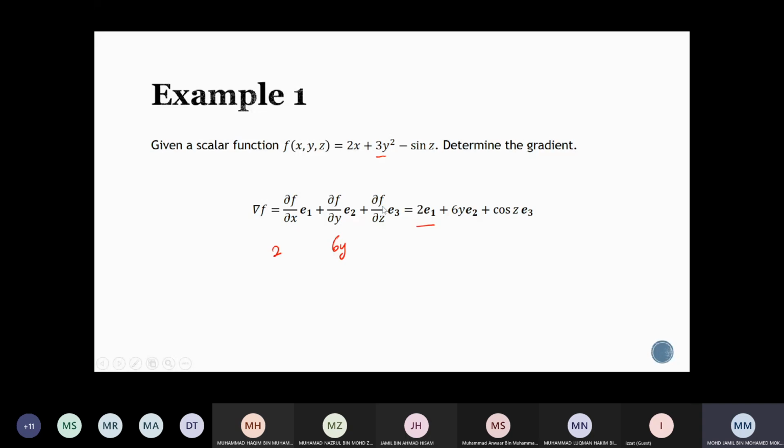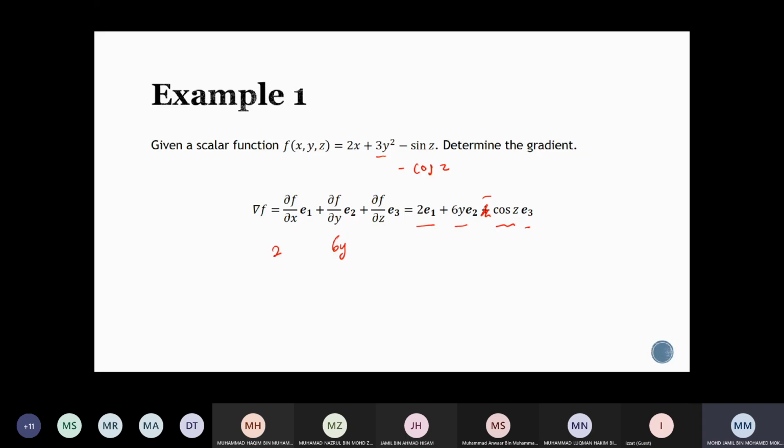And lastly, you have differentiation of f with respect to z. Again, 2x is a constant, and 3y squared is a constant because there is no z. Minus sine z gives you cosine z, so you get cosine z times e3.